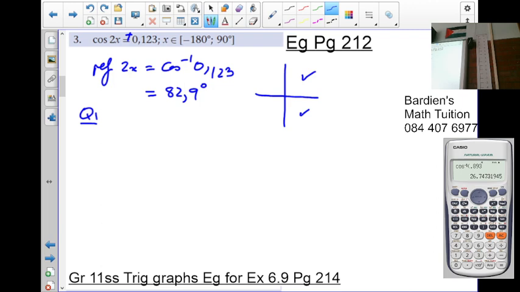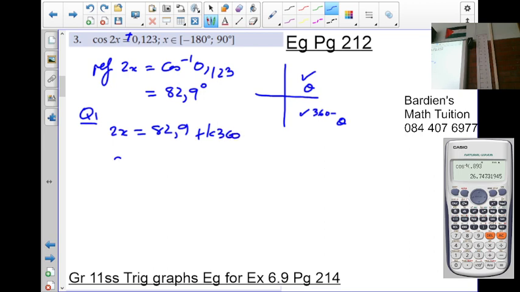So how do you get the angle in quadrant 1? It's just the angle. In quadrant 4? 360 minus that. Okay. So it's going to be 2x is equal to 82.9 plus k times 360.